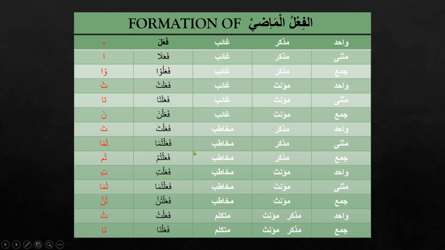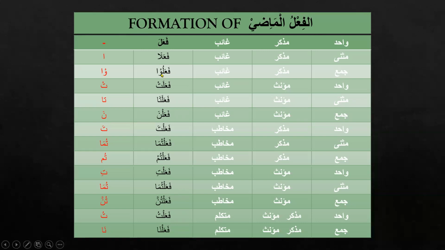Again, this is another form of the chart. Here we will see these endings, and just remember that this ta with the sukoon, ta with the fatha, noon with the fatha, ta with the fatha, these are all the pronouns that are fixed, that are mabni.